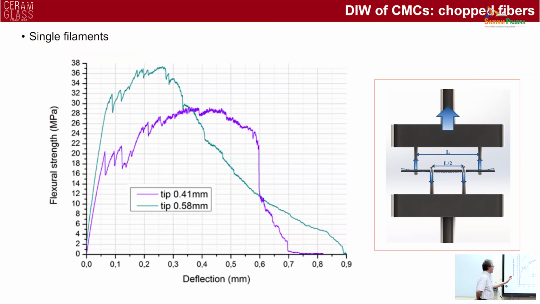Certainly you're familiar with the fact that if you have a linear elastic behavior, the fracture happens at very limited deflection values, and you do not have an extensive region where you are breaking your sample, continuing to break your sample, absorbing energy, and having a toughening of the material due to the fiber pull-out and due to the fact that the crack has to go through the fibers, around the fibers, leading to the final fracture of the component.